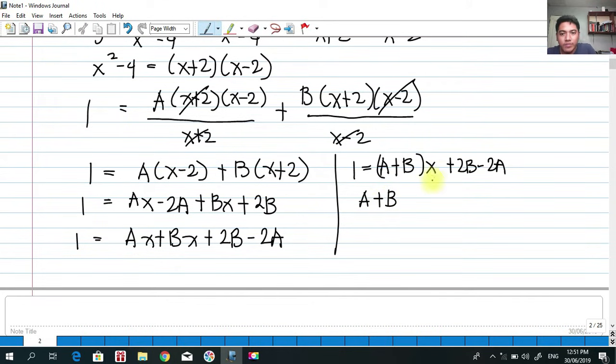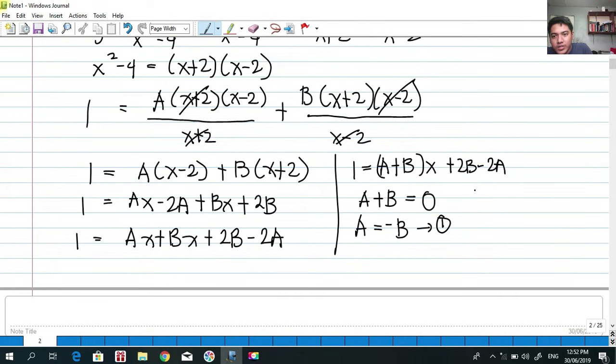Since it has a term of x here, and we don't have any x term on the left side of our equation, this should be equal to 0, because we are comparing the coefficient of x on the right and the coefficient of x on the left. So we don't have any x term here, so a plus b should definitely be equal to 0. And if we manipulate that, a is equal to the negative of b. That is our first equation.